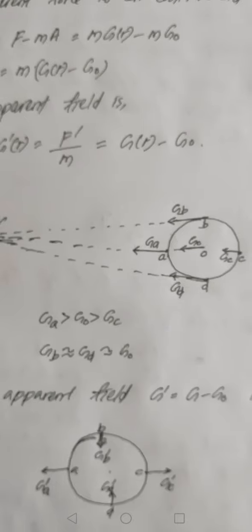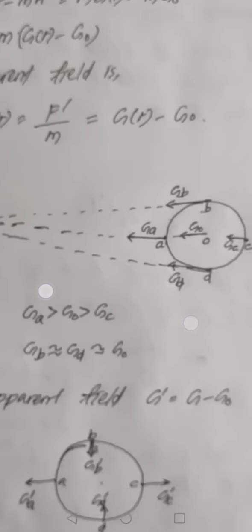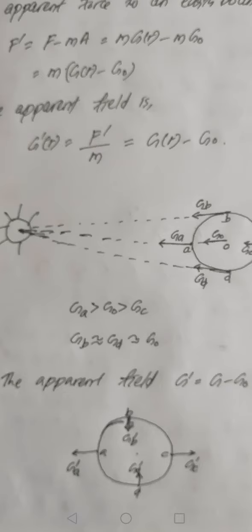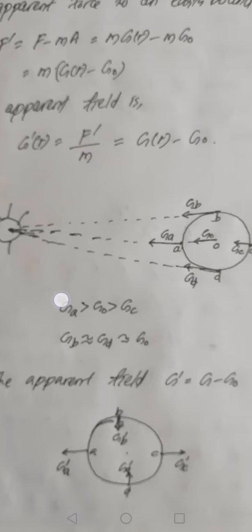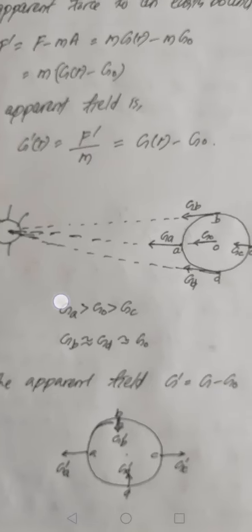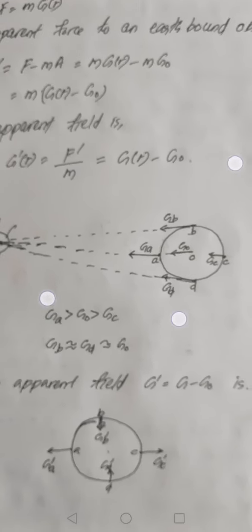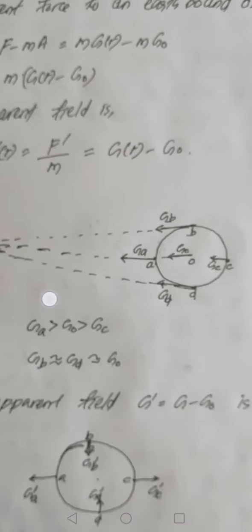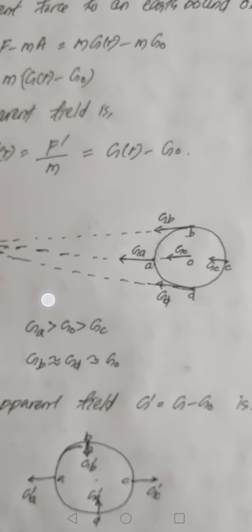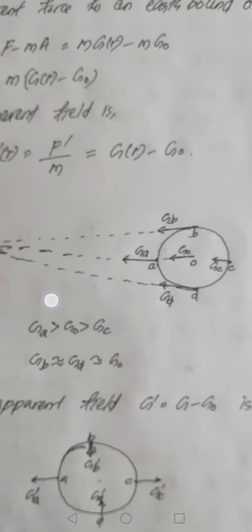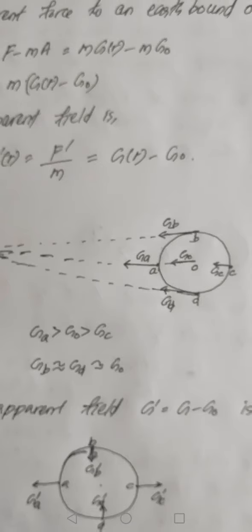So let us think about all this. Here A is close to the Sun compared to O and C. Therefore GA should be greater than G0, and G0 greater than GC. That means GC is smaller than G0, and G0 is smaller than GA, because A is very close to the Sun, so the field will be more.